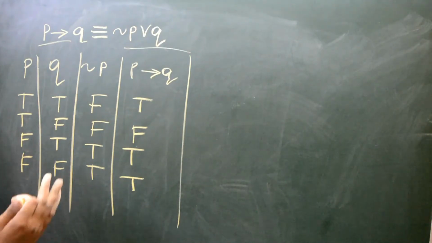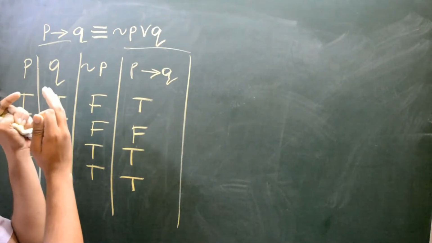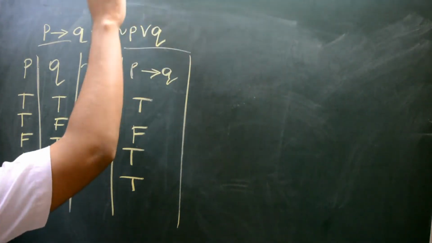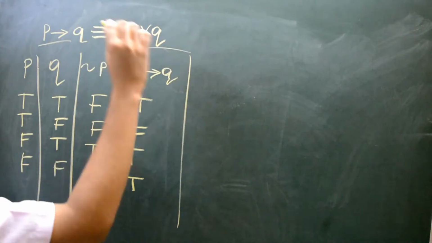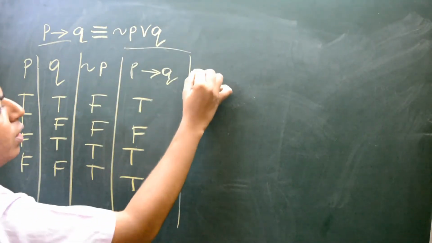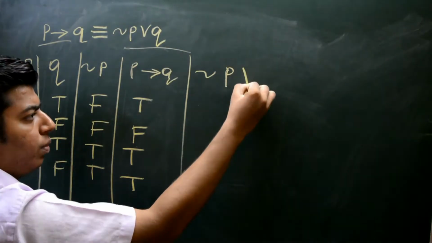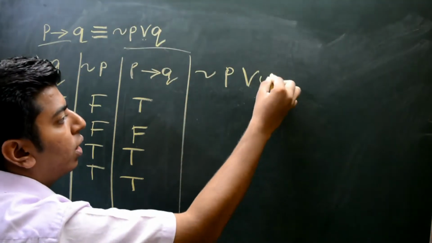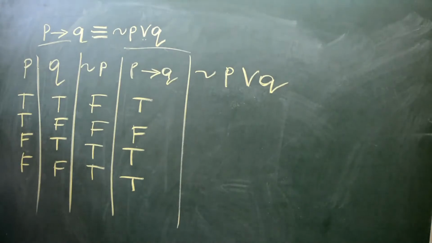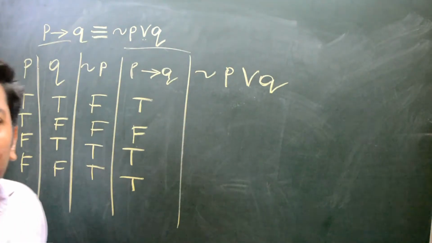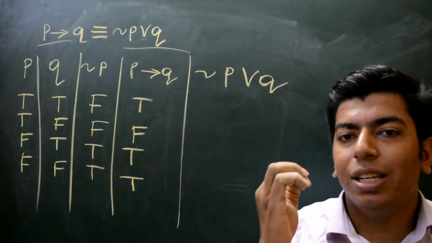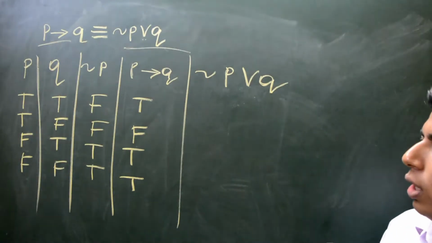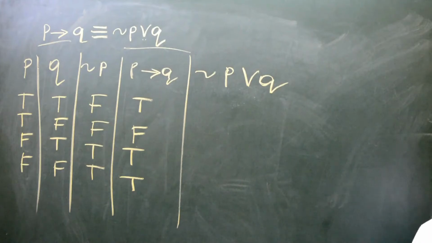Okay, so now our left hand side we have constructed. Then you have to construct your right hand side. For that we have negation P over here. Then we take the disjunction of it with Q, and I have repeated many times that disjunction is OR.